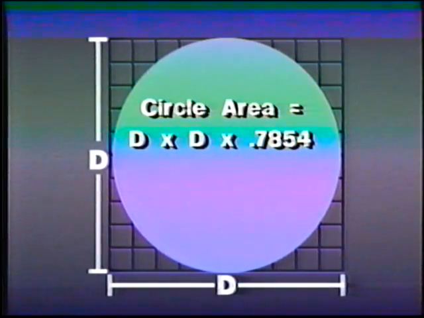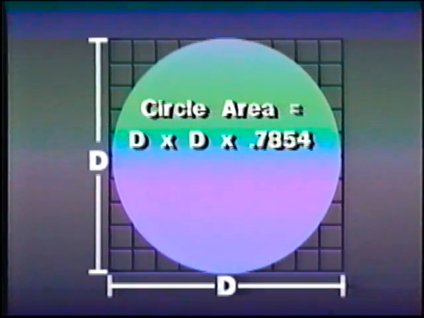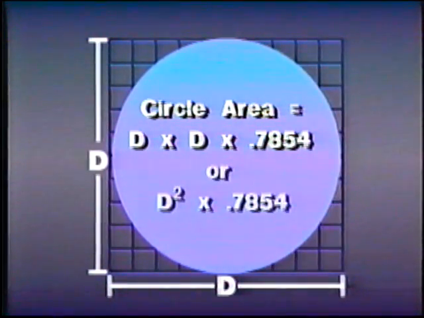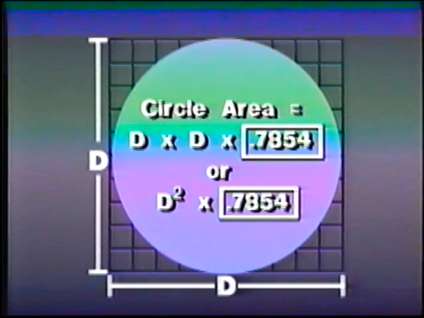So, to find the area of a circle or a piston, we use the formula circle area equals diameter times diameter times 0.7854, or d squared times 0.7854. The 0.7854 in this formula is called a constant.